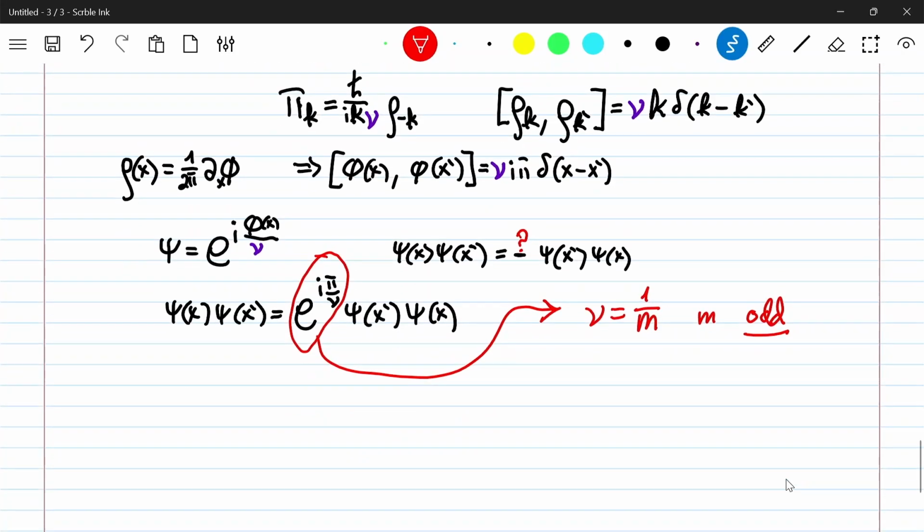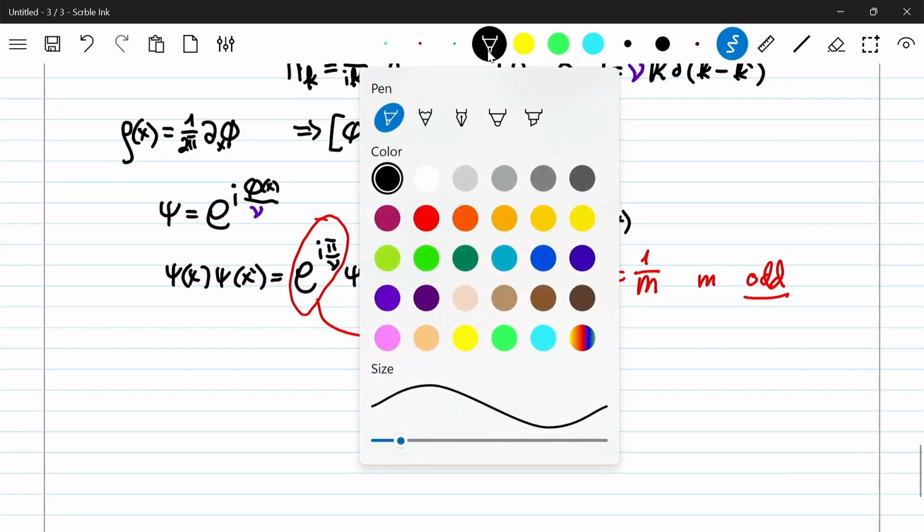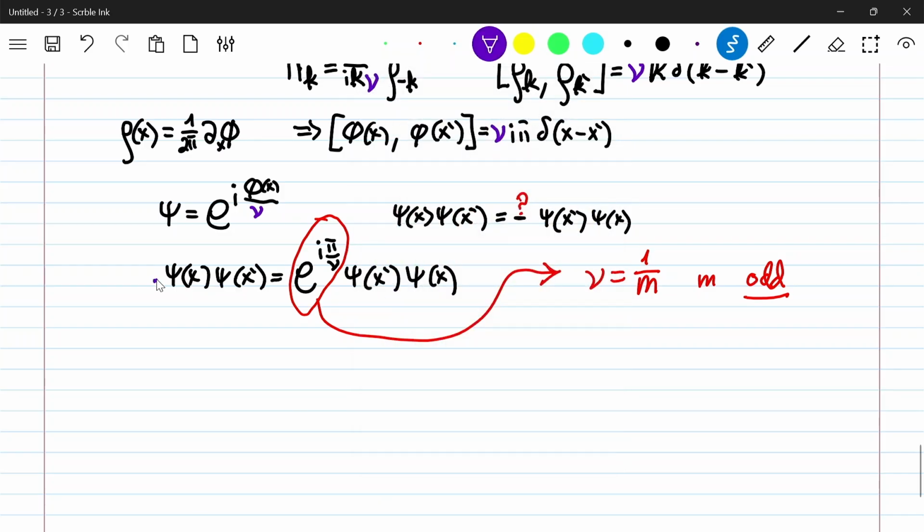So, because I don't have a lot of time, I want to say two things that come out of this, and they can be related to experimentally measurable things. First of all, let me take this relation and rewrite it in terms of this integer m.